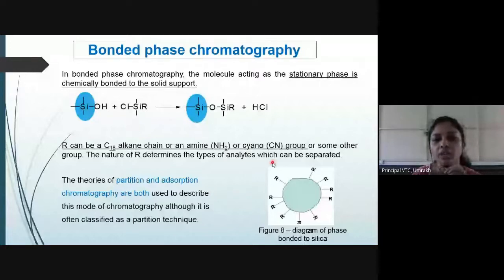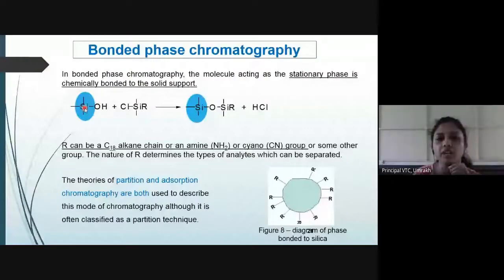The nature of that R, the bonded group, will determine which kind of analyte needs to be separated. Now, for bonded phase chromatography, the theories can be of partition or adsorption; both describe the mode of separation.